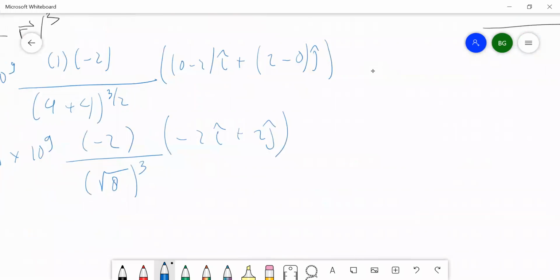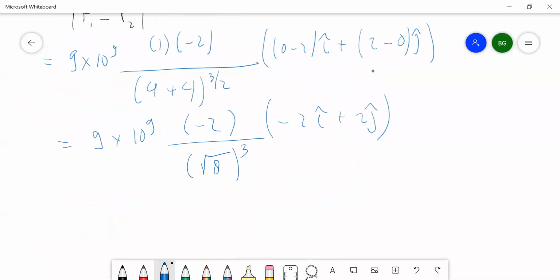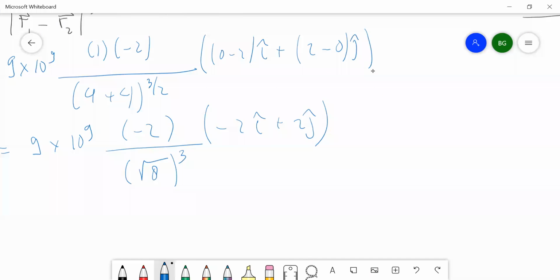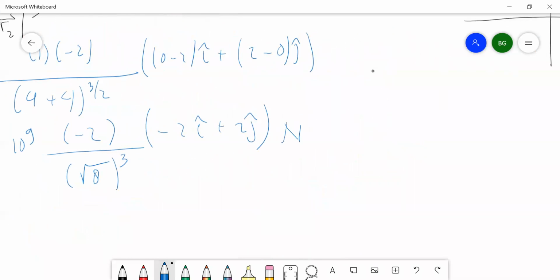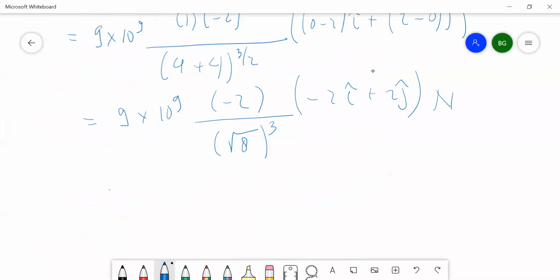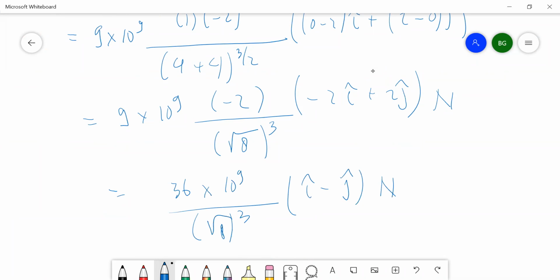And this is in Newton. And then we get 36 times 10 to the 9 over 8 to the 3, and then this is i minus j Newton, right?